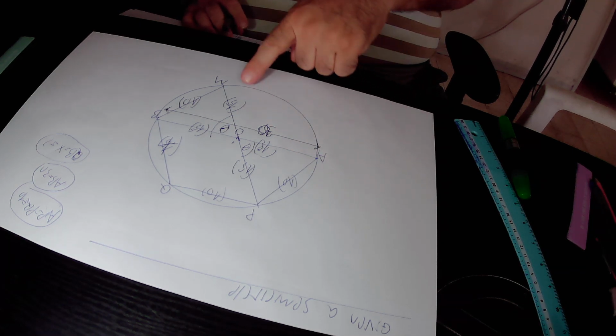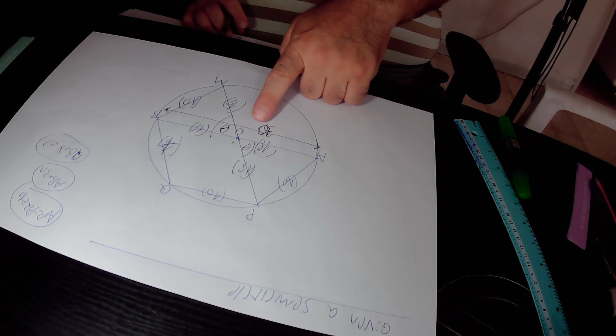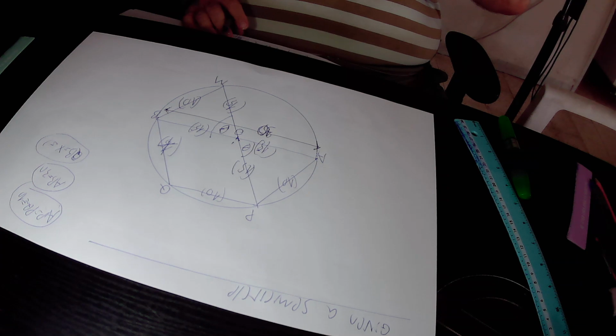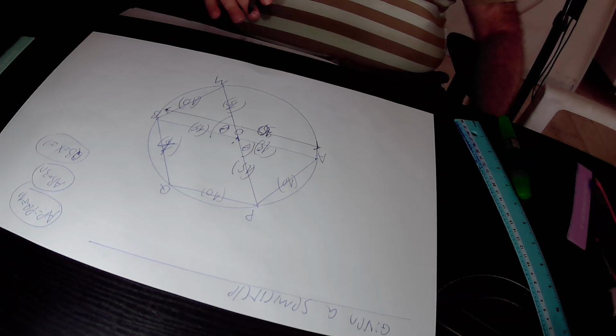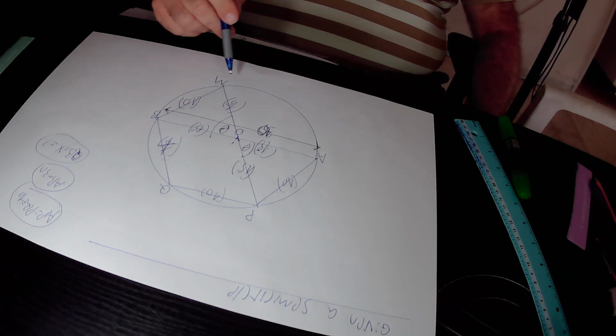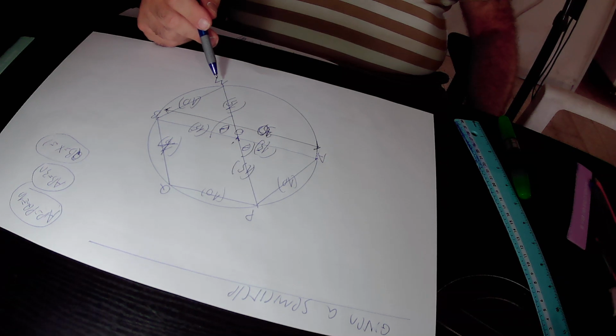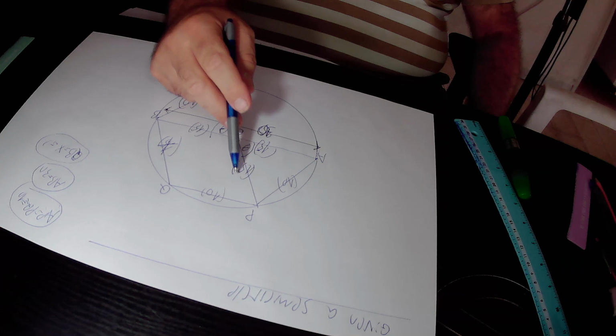So chord PM is the diameter of this circle. So in the next step, I'll copy this semicircle with the diameter PM, and we'll analyze this semicircle with the diameter PM.